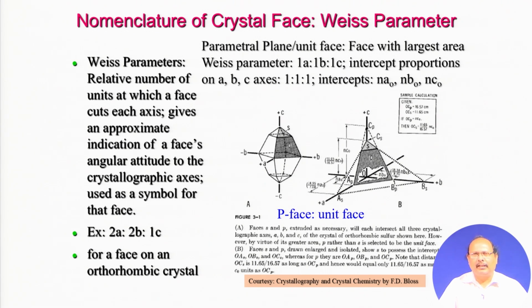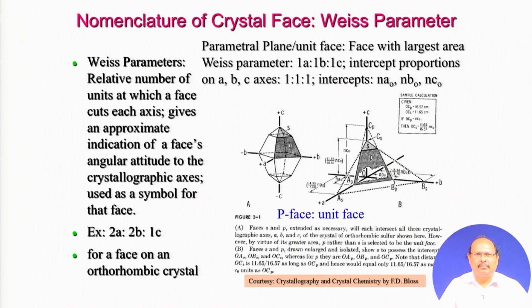It gives you an approximate indication of a phase's angular attitude with respect to the crystallographic axes, and the general symbol of this kind of Weiss parameter used to name a particular crystal phase is in the form of, say, 2A : 2B : 1C.